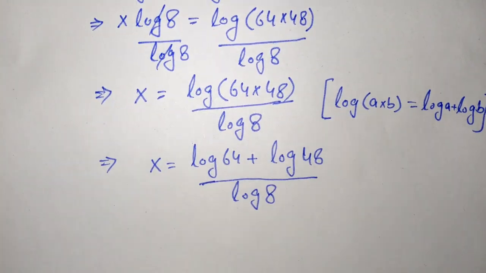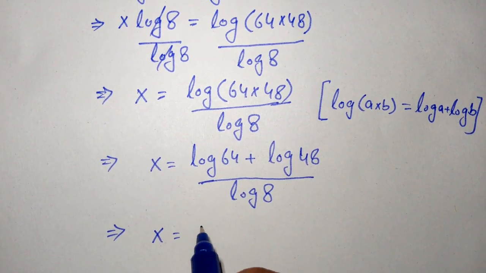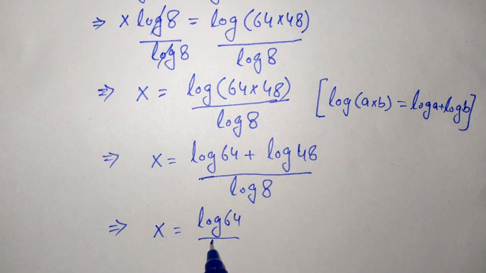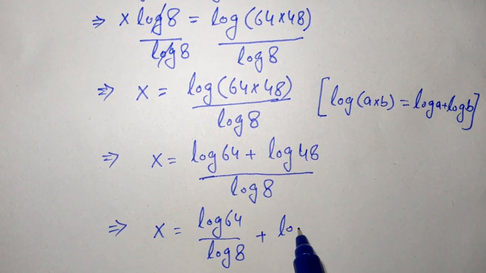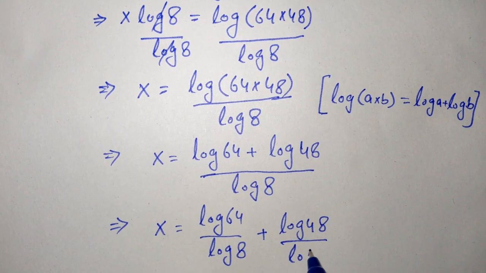Now this can also be written as x is equal to log of 64 divided by log of 8 plus log of 48 divided by log of 8.